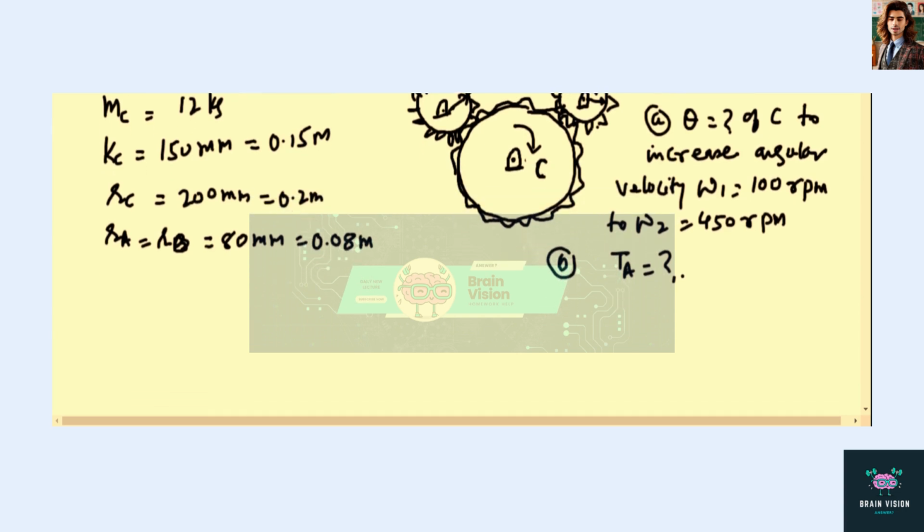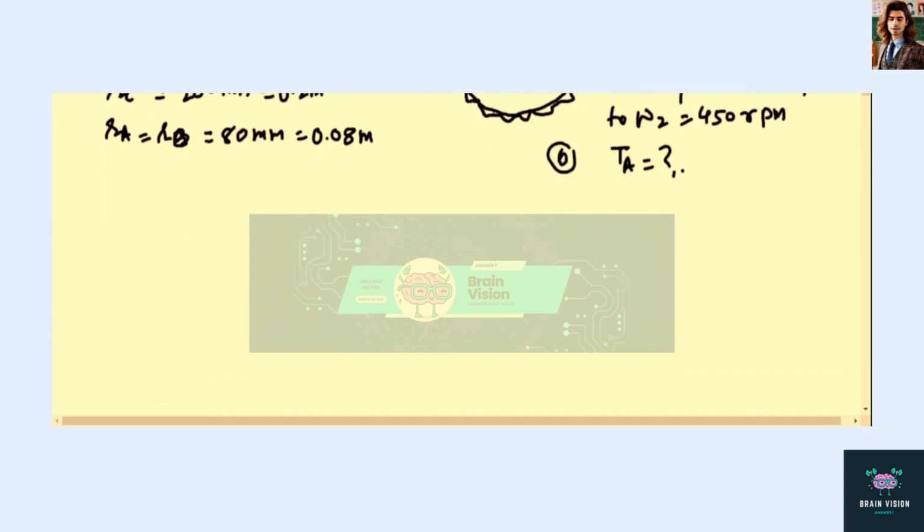First, the moment of inertia of gears A and B. Both are the same because both have the same dimensions, m into k square. Mass is 2.4 kg, radius of gyration of each is 0.06 meter, so it will be 8.64 into 10 to the power minus 3 kg meter square.